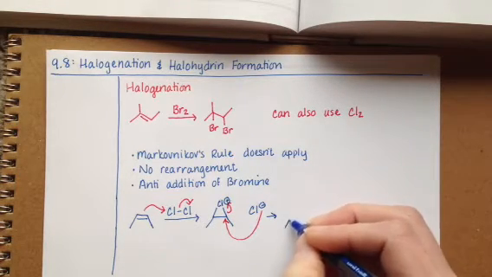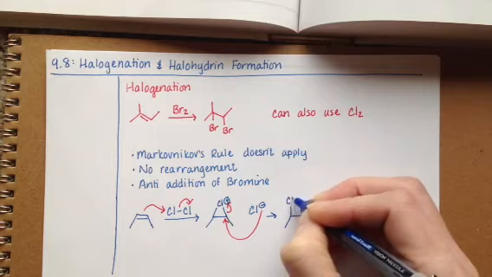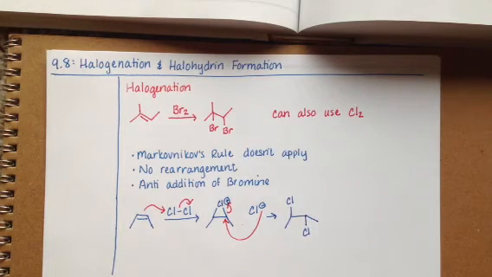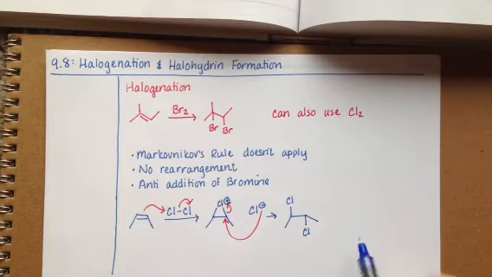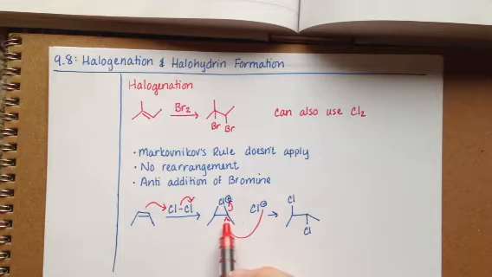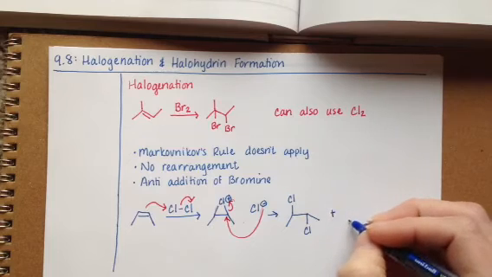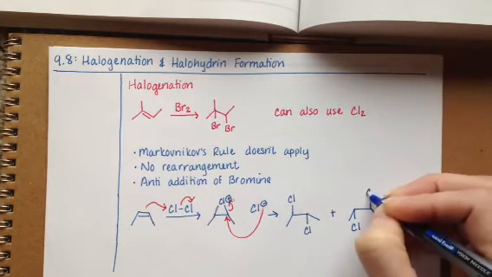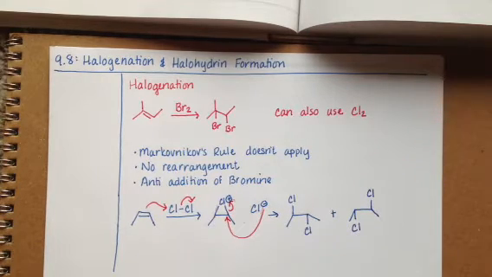And that's how we end up with the anti-arrangement of the halogens in this particular reaction. And it's just as likely that the chlorine will hit here as it will hit over on the other side and break the bond in the other direction. So we'll end up with both isomers. And that's an important thing to consider in this reaction.